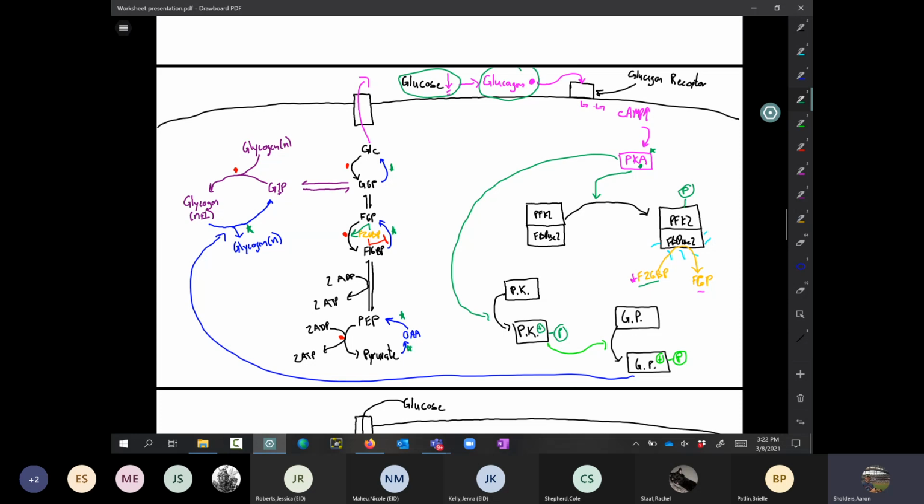So hopefully you can start to see some of this. Now, something else that's happening here is that this, and I'll just have to draw it like this, inhibits PP1C.